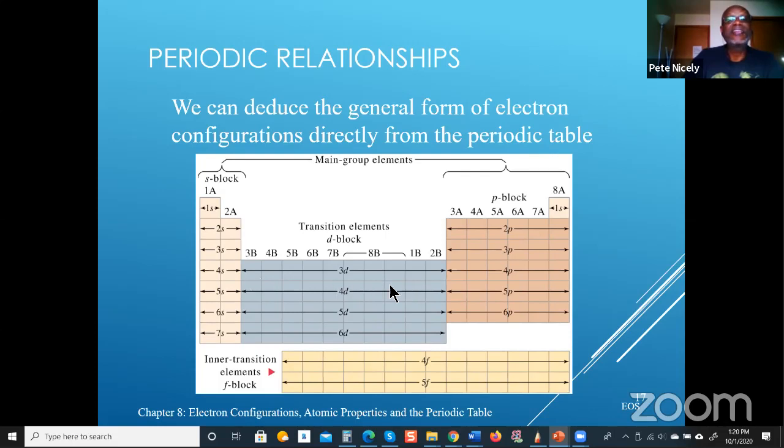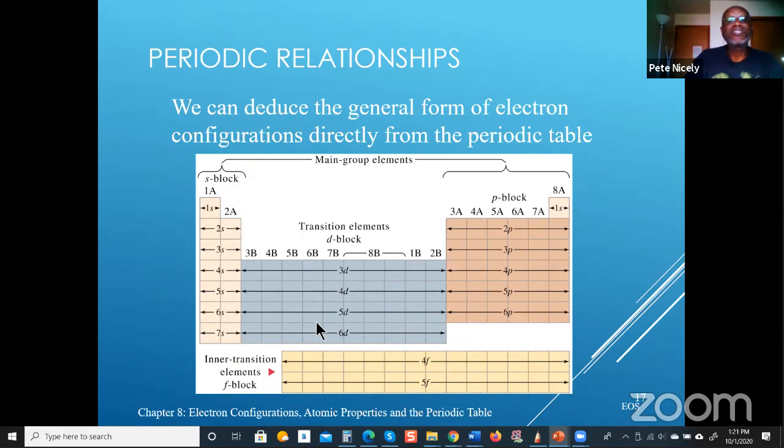And then here in the transition elements, as you go from one element to the next, you're adding an electron to a D sublevel. So for example, here you have scandium. As you go from scandium to titanium, to vanadium, to chromium, etc., you're adding an electron to the 3D sublevel, all right?